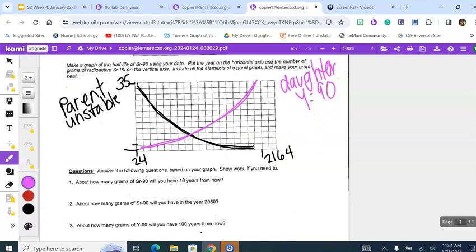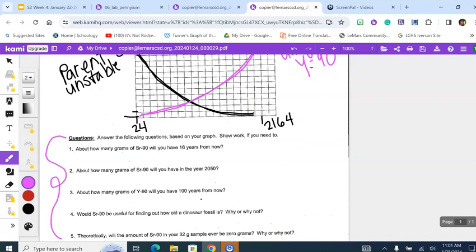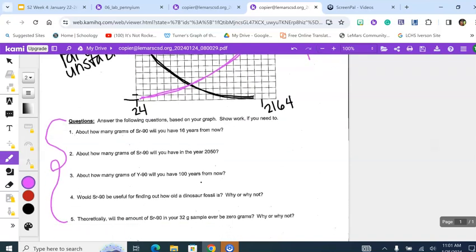Now, you could have used your actual graph if you set it up to answer these questions. I didn't. What I did was I just used the math because I figure that's what most of you probably did anyway. So if I'm looking at Sr-90, that's the parent.